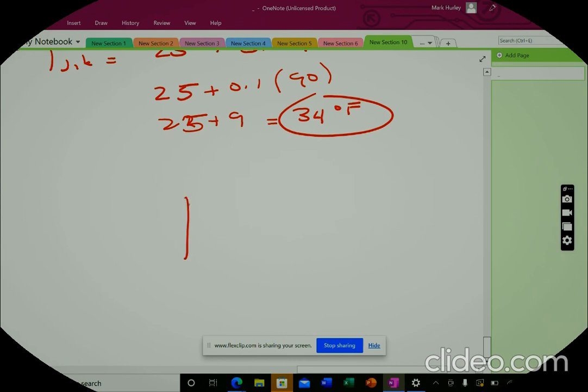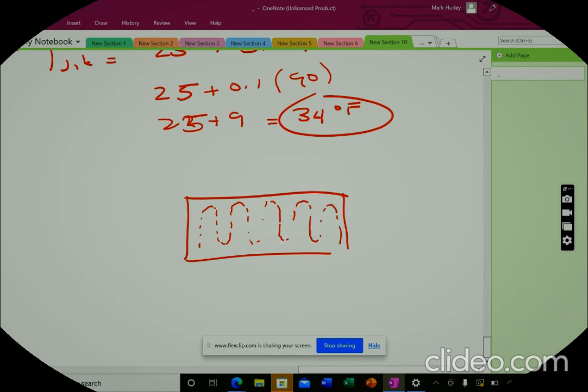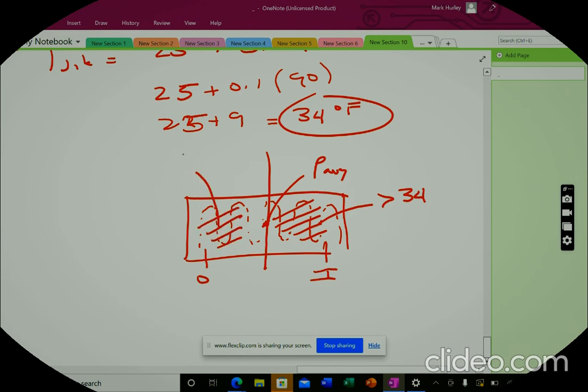So if we make this uniform, with the pipes geometrically symmetric, and we take the midpoint of the slab, we can assume the P average is about the midpoint. That means this side of the slab towards the inlet end is going to be greater than 34, and this side is assumed to be less than 34.